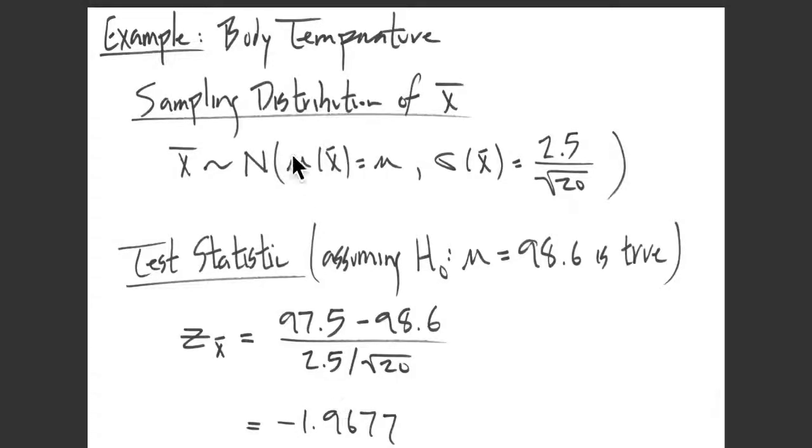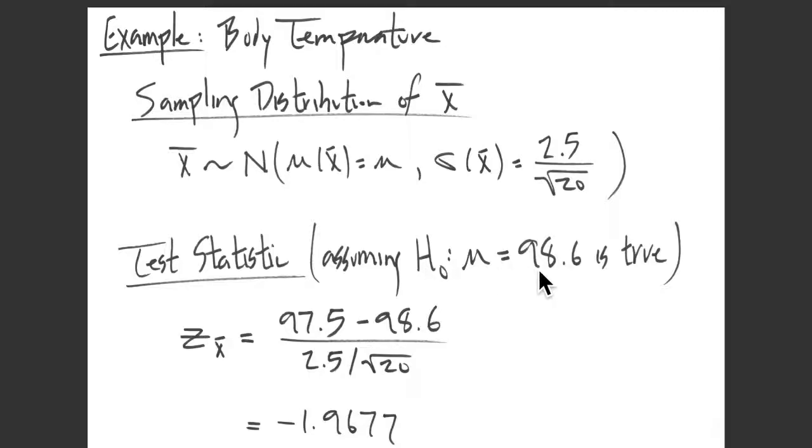So we begin by thinking about the sampling distribution of x bar. It's normal with a mean that's unknown, but it's the same as the population mean, the mean of individual temperatures. The standard deviation is the standard deviation in the population, or 2.5, divided by the square root of the sample size, which is 20 here. Our test statistic is the z-score for x bar, assuming that the null hypothesis is true.